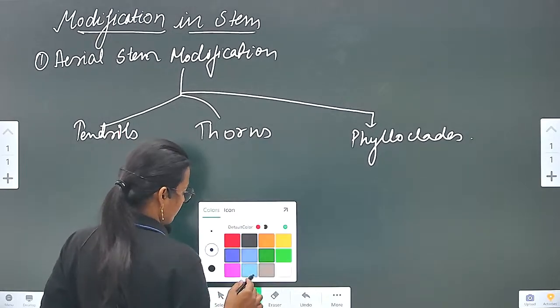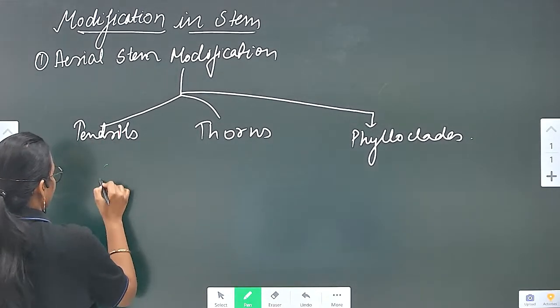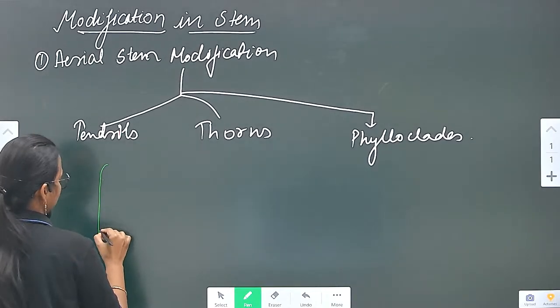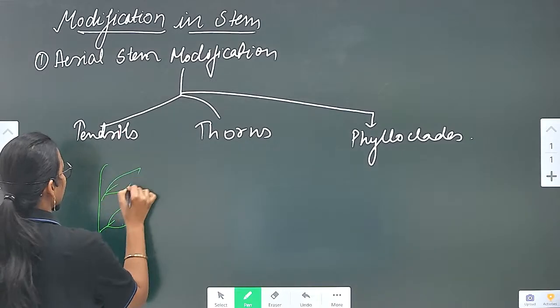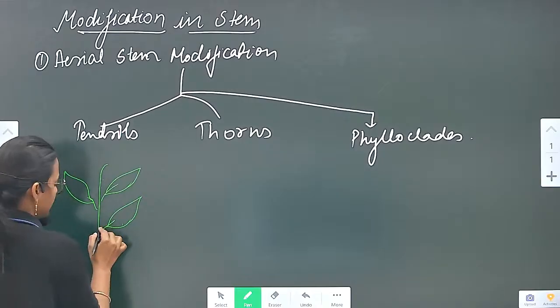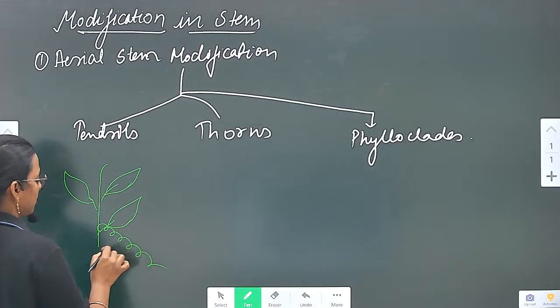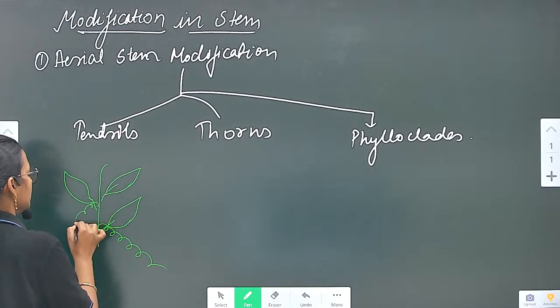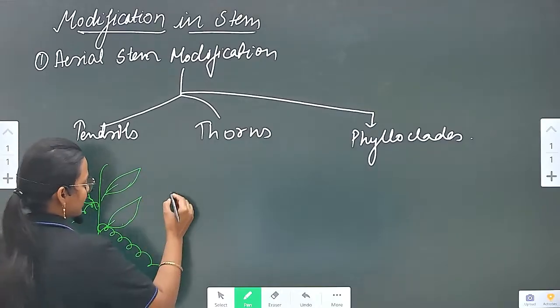If this is a plant and this is the normal leaf found in the plant, sometimes the tendril arises from the axillary region. You must be aware of what the axil is.